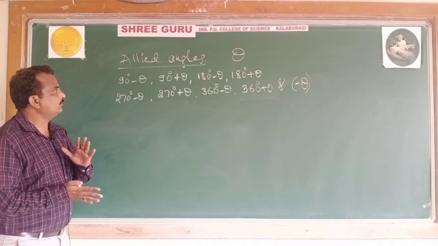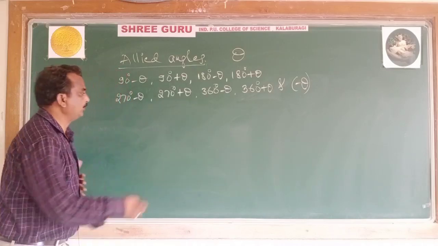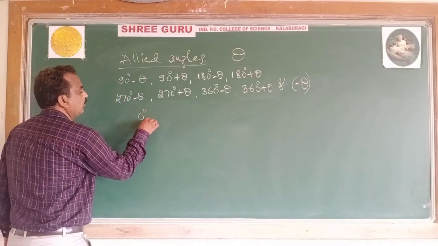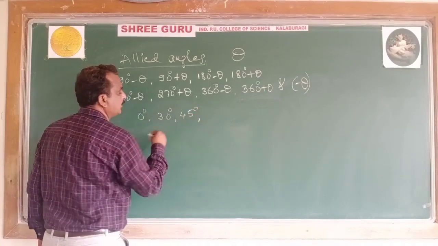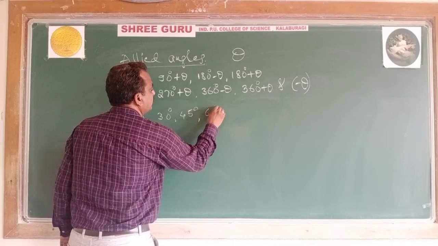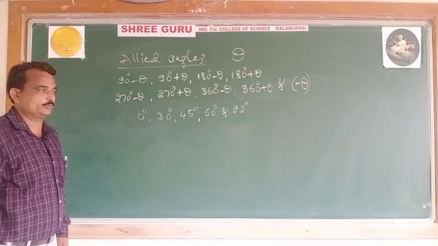Why do you have to study these angles? You know there are 5 standard angles: 0 degree, 30 degree, 45 degree, 60 degree and 90 degree. You know these standard angle values.